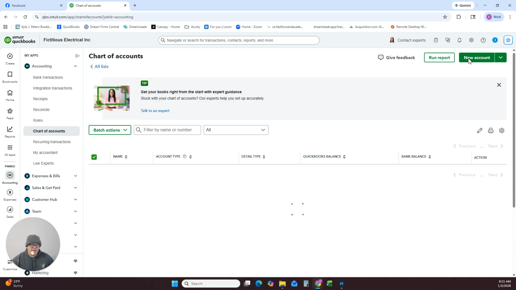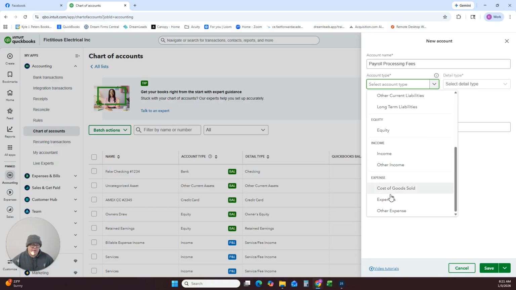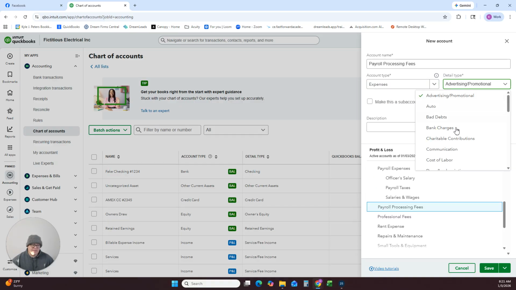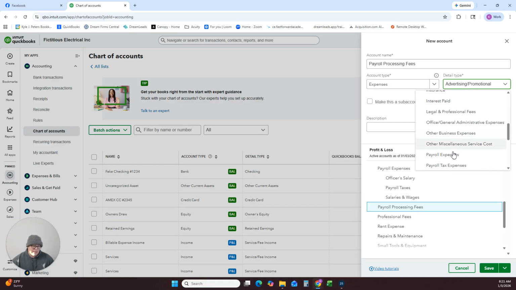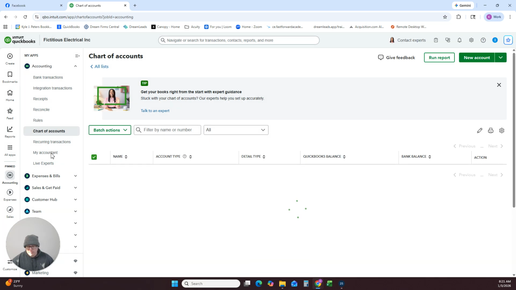And that actually reminds me of another account that we should add that's not a direct payroll expense, and that is payroll processing fees. And this is going to be basically what you pay the payroll company. So if you're using Gusto, it's like $50 a month or something like that. And this will just be other business expenses.